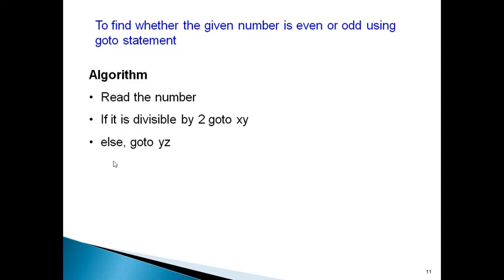Here we are using two labels, xy and yz. In this program we are going to use an if else statement also. At label xy display even, at label yz display odd.